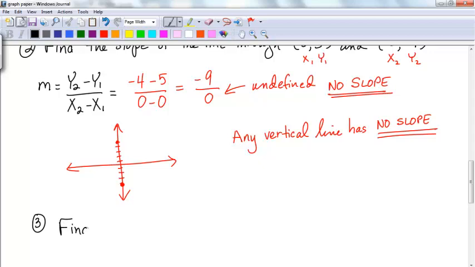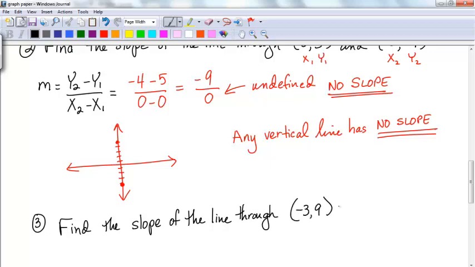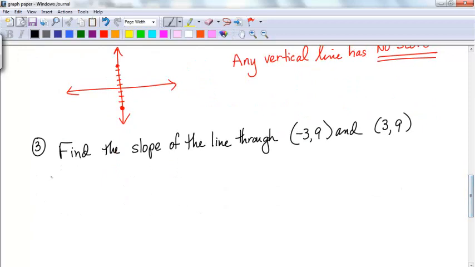Okay, if they ask you to find the slope of the line through the ordered pair -3, 9 and the ordered pair 3, 9. Okay? And if you use the formula m equals, the more you write this formula down, the better off.